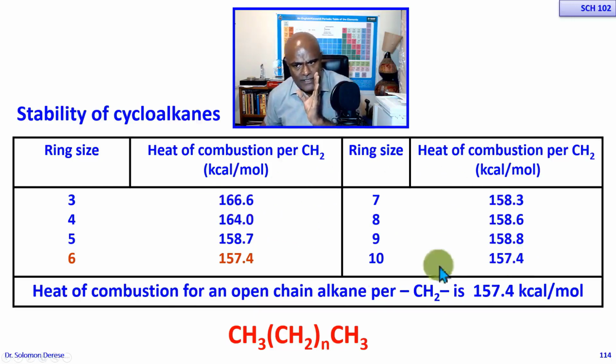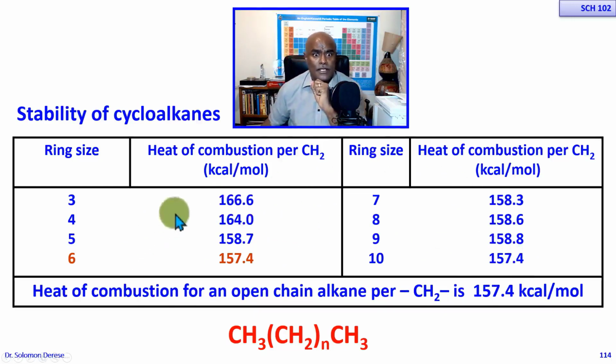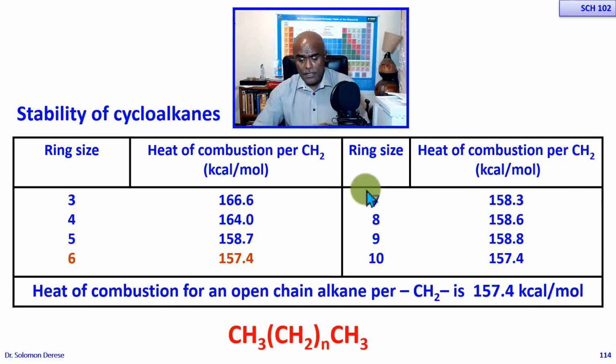So what this is telling us, these cycloalkanes are not flat molecules. They are not flat. They adopt a three-dimensional structure through rotations across their carbon-carbon single bond, so that their bond angle can get closer to the ideal 109.5 degrees, as we shall see later.